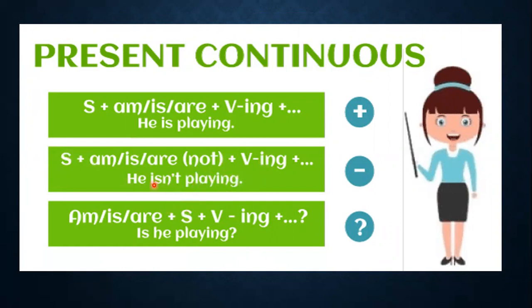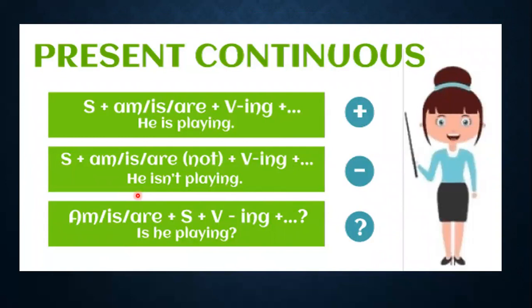Entonces sería he, sujeto, isn't, that is the verb be, plus not, que sería el verbo be, más la parte negativa, verb, that is the play, el verbo play, el ing que se lo agregamos al verbo. Entonces hacemos uno solo, hacemos un verbo en gerundio. Él no está jugando.